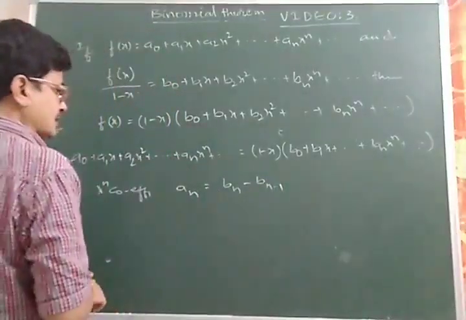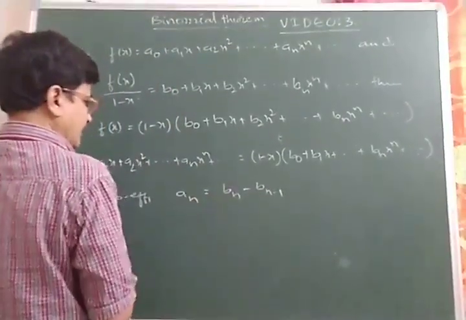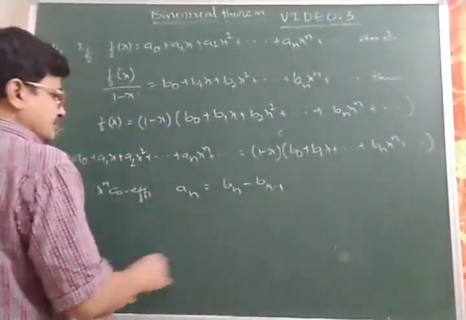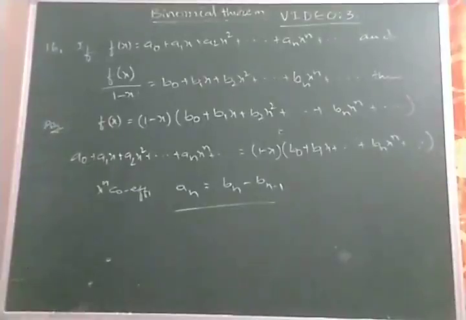These are the coefficients of x^n. So that is an equals bn − b_{n−1}.